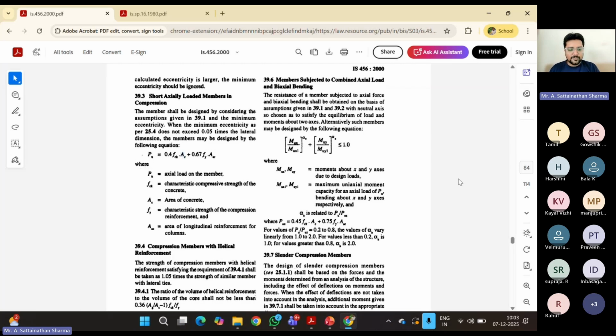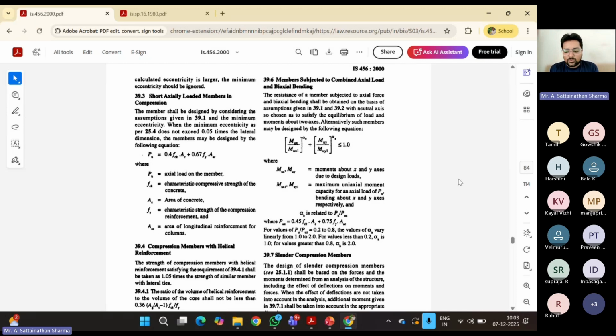C stands for concrete. And Asc, area of steel in compression, that is the reinforcement. So when I say a column of 300 by 200 mm, that area 200 into 300 will be 60,000 mm squared. That will be your gross area, the entire area. In that, what is the amount of concrete present and what is the amount of steel present, that you have to split up.